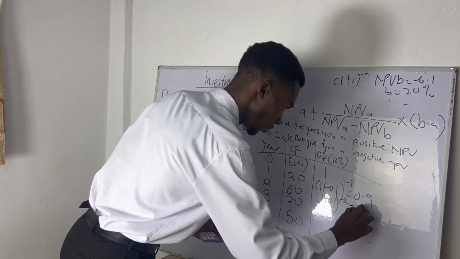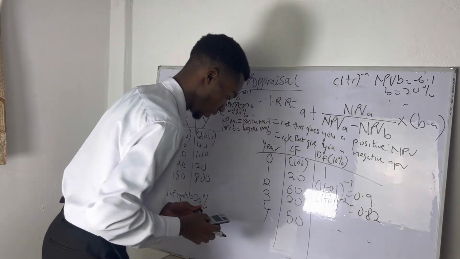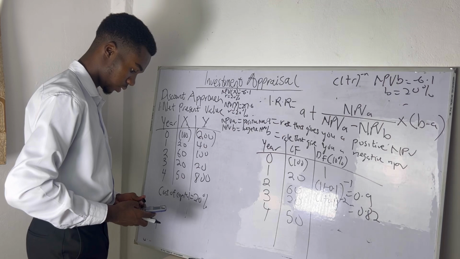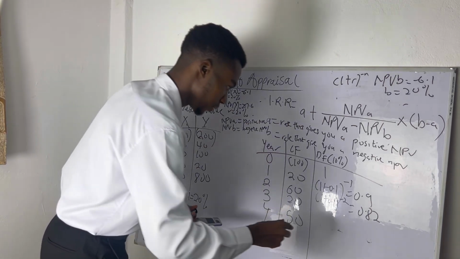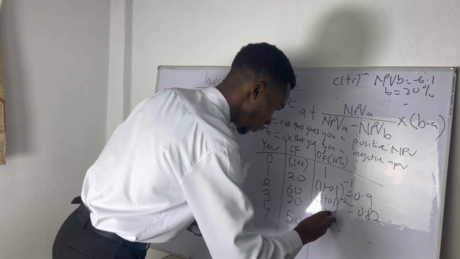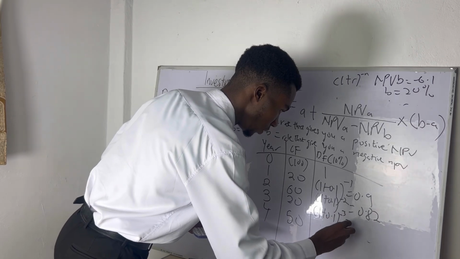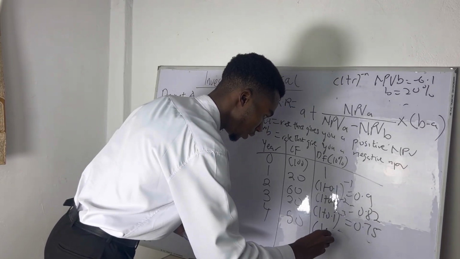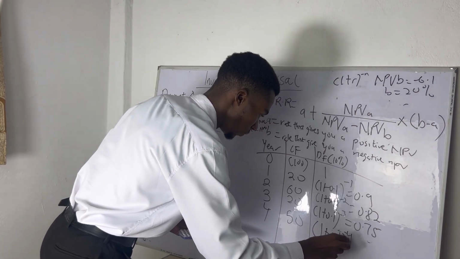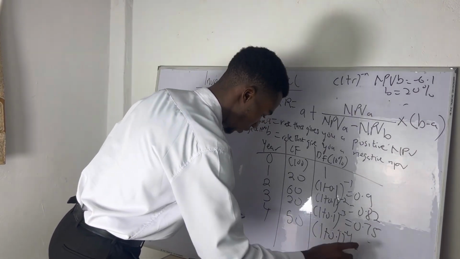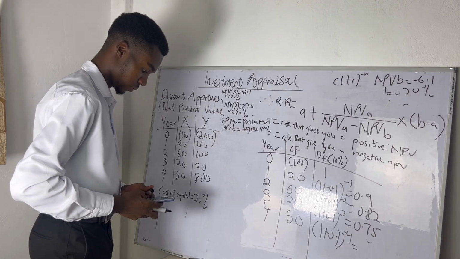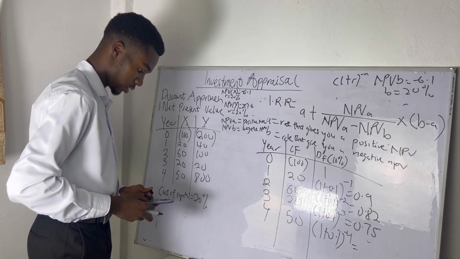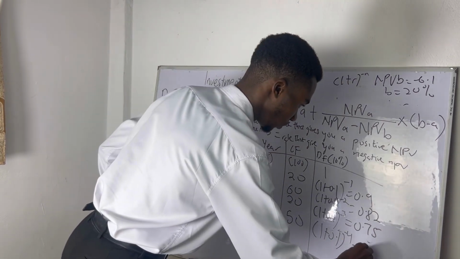Year 3, 1 plus 0.1 exponent negative 3, we have 0.75. And year 4 will be 1 plus 0.1 exponent negative 4, because it is year 4, and we are getting 0.68.